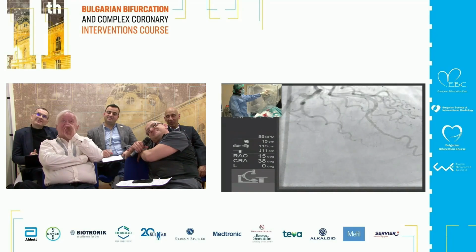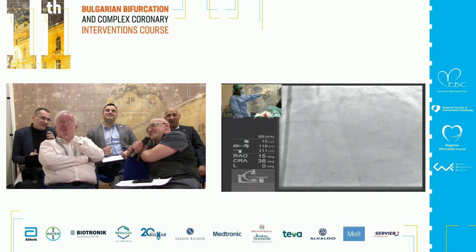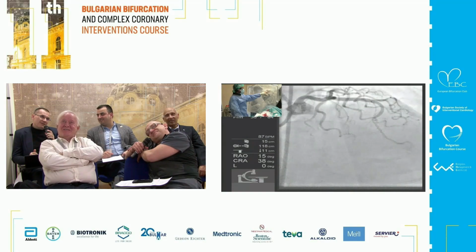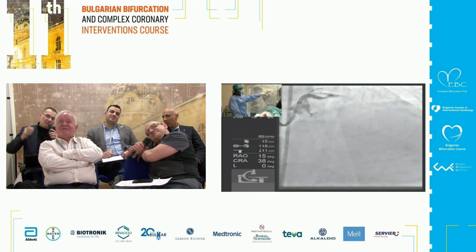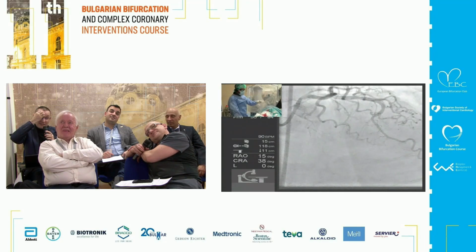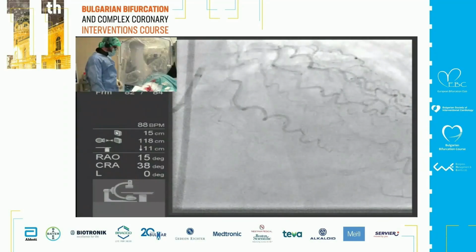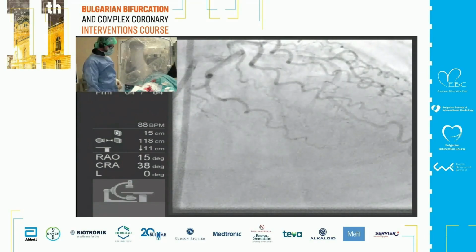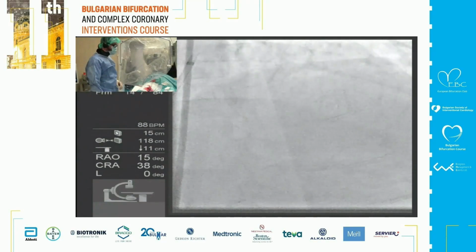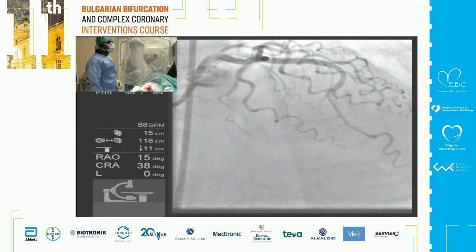Sometimes it works, but sometimes it doesn't. And even in cases when it works, in the long term, the result is almost in 70 to 80% terrible. And it is terrible for the patient, not for the operator.